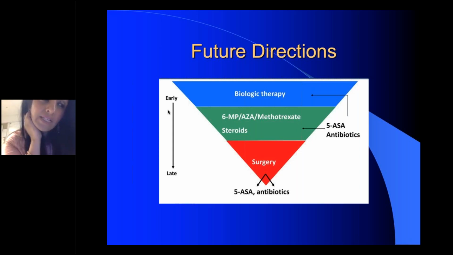We also want to monitor their disease better. We would probably do infliximab. My personal preference, if they have perianal disease, is always infliximab first, and it's only if they lose response to infliximab or develop antibodies that I would then switch them to Humira. And I'm going to illustrate these sort of treatment questions to you in my slides as I go on.